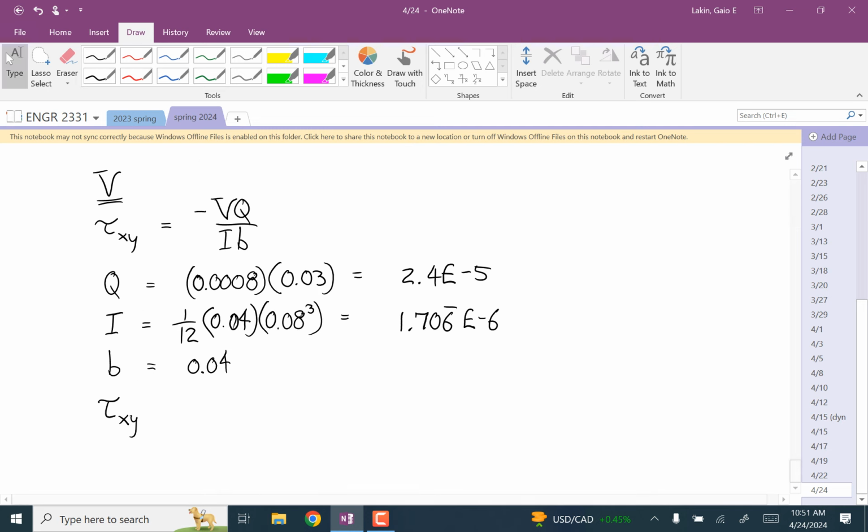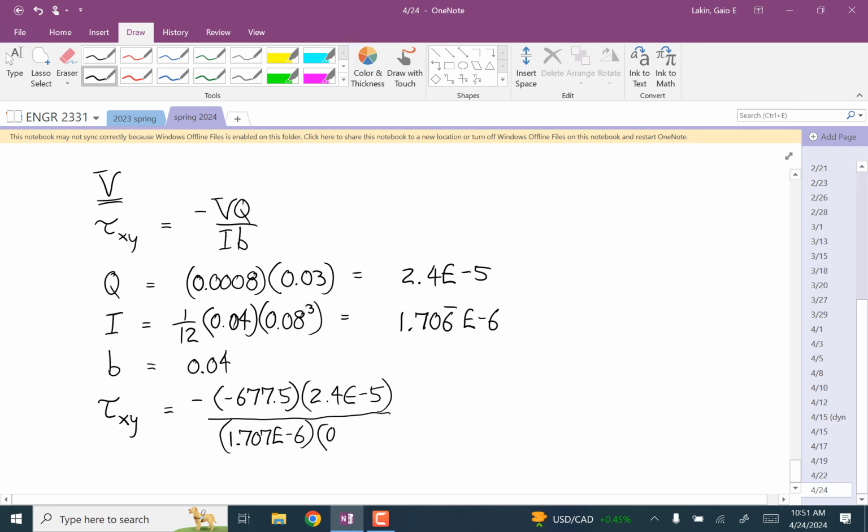Our V is negative 677.5, so we got a negative of a negative 677.5 times 2.4 times 10 to the minus 5 divided by 1.707, I'll call it, times 10 to the minus 6 divided by 0.04.